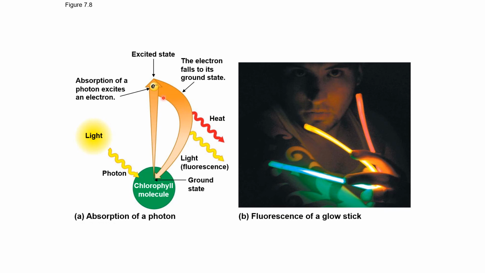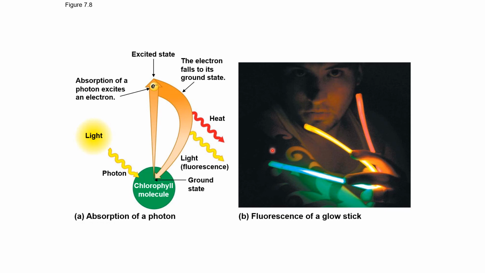One more thing to mention right here, the concept of the glowing sticks. By the way, the idea behind those glowing sticks is kind of the idea of the electron transport chain. Inside of these glowing sticks are chemicals, and there are electrons that will actually get excited. Usually, to activate that glowing stick, you have to break it.